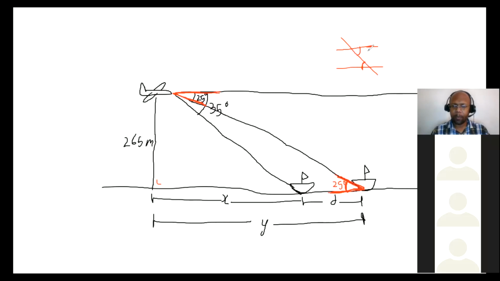So if this is A and this is B, then A equals B, and we'll give it the name so you don't forget. Alternate angles.